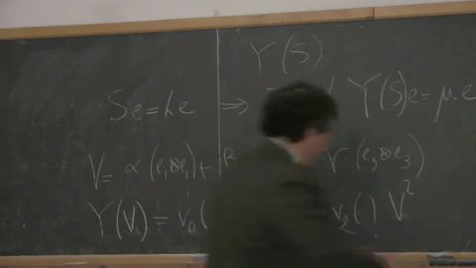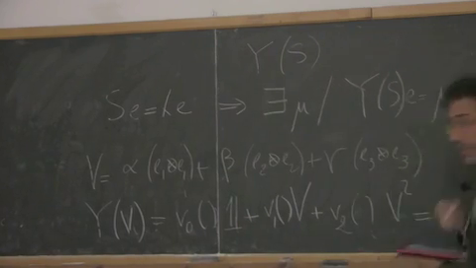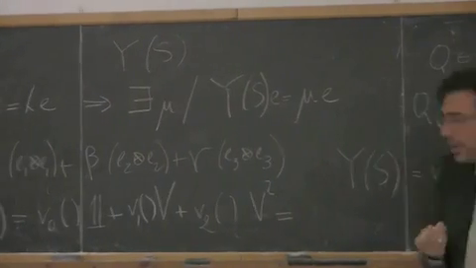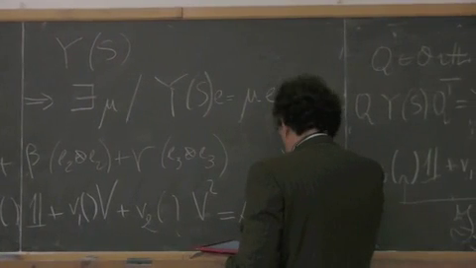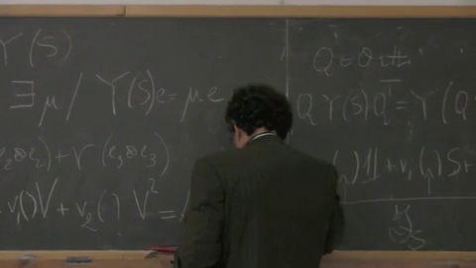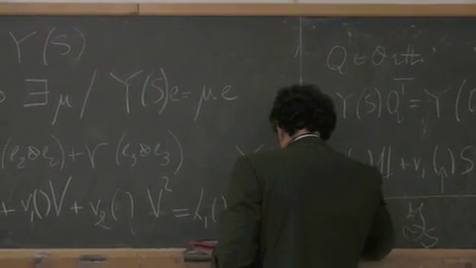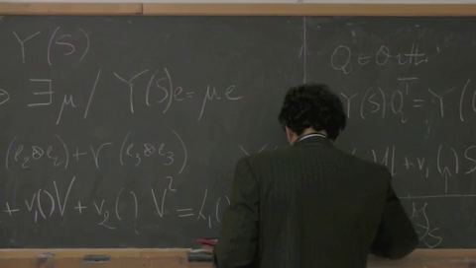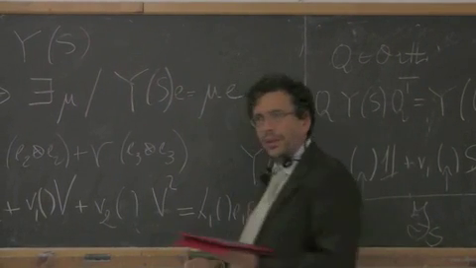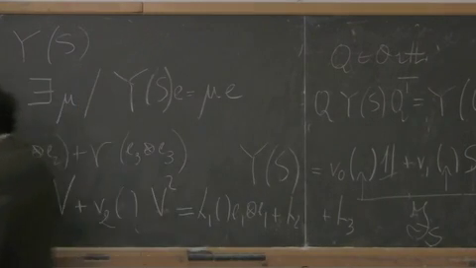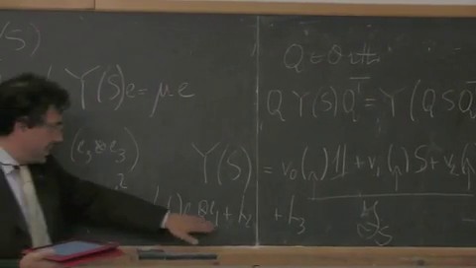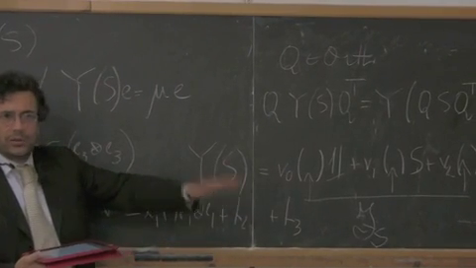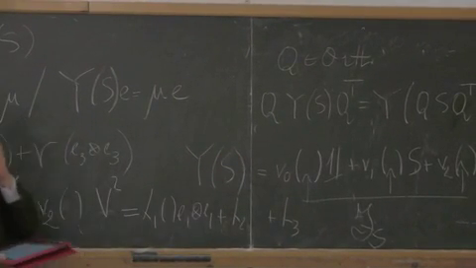So even if logically I should have written this before, we can say that you have lambda 1 E1 tensor E1 plus lambda 2 plus lambda 3. Okay? So Y of V is a linear combination of E1 tensor E1, E2 tensor E2, E3 tensor E3.